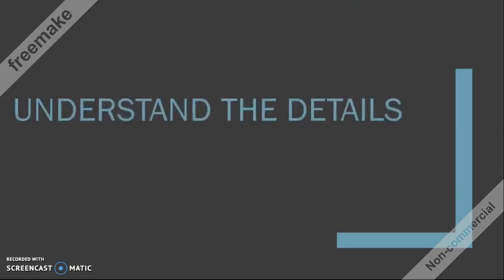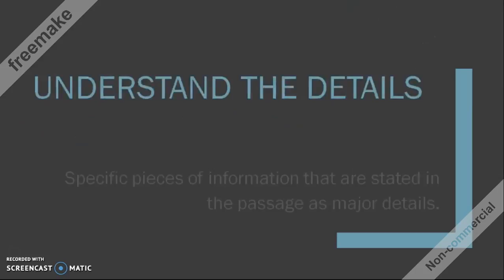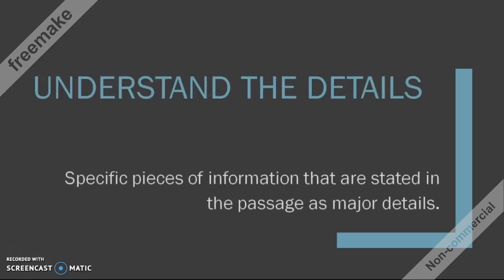Okay, the second type of question is understand the details. This means specific pieces of information that are stated in the passage as major details. So you may not be confused with all the details that are mentioned in the passage. You may hear only those which are important on the topic discussed.